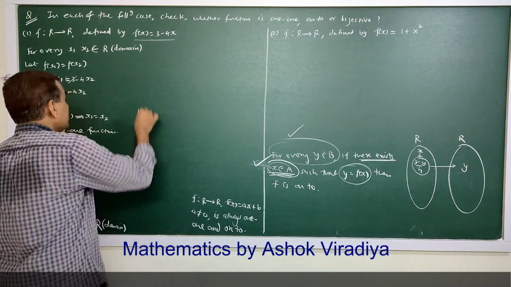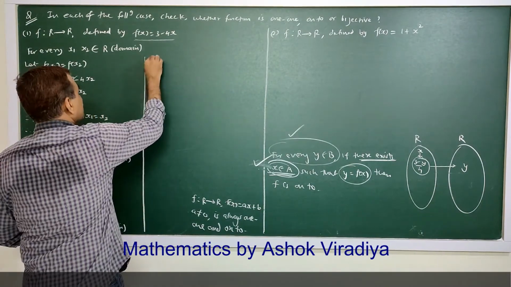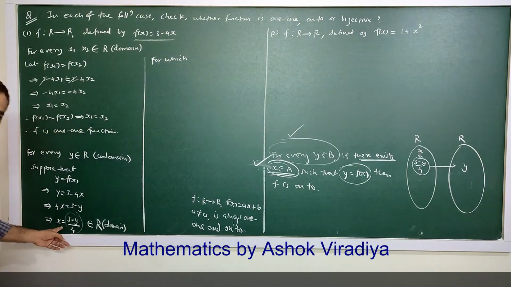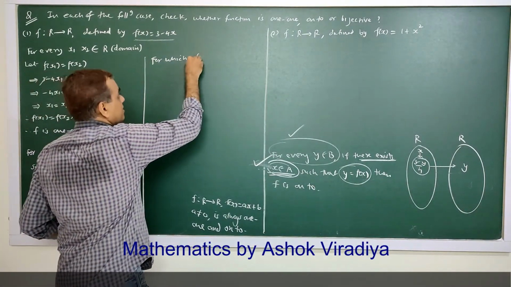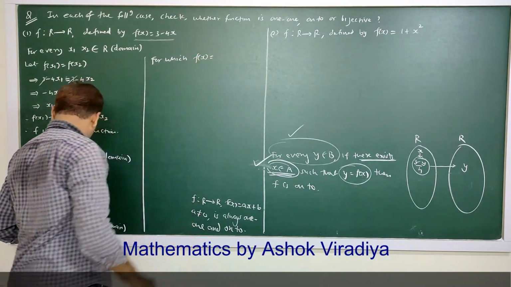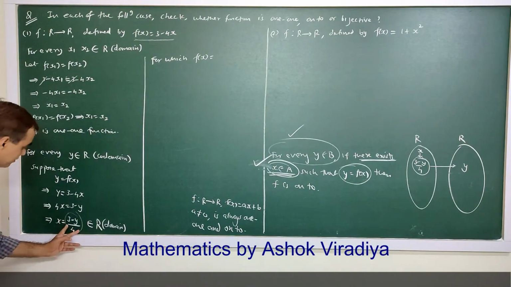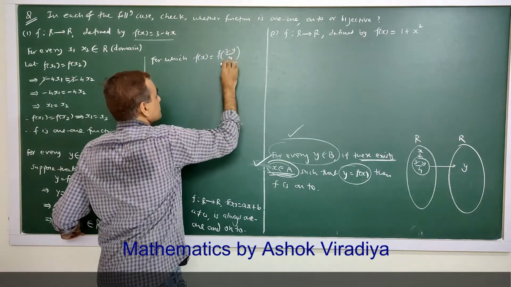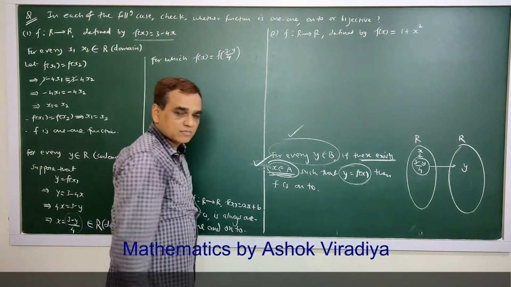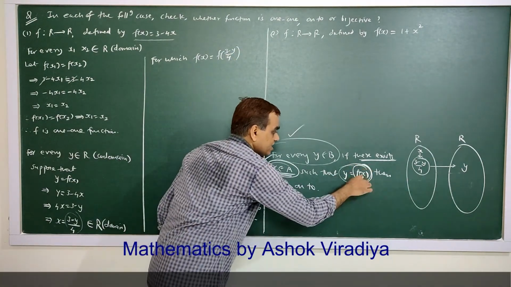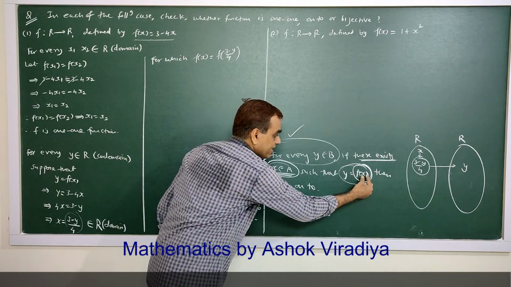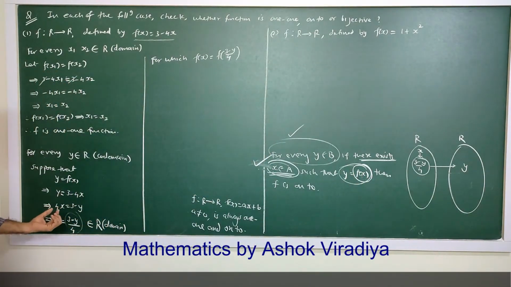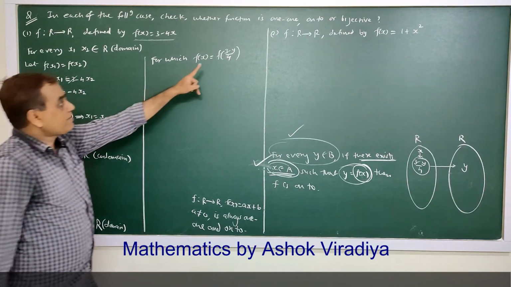So for this number, we find f(x). So f(x) means f((3 minus y) by 4). I have taken x equal to (3 minus y) by 4 in this expression.